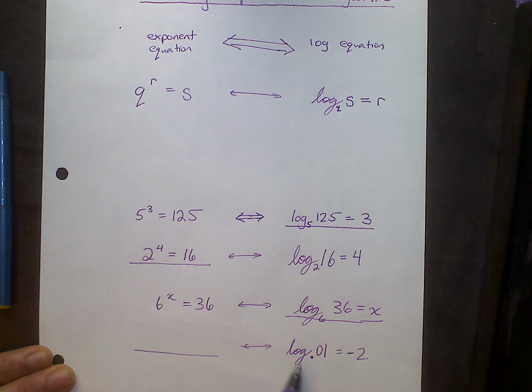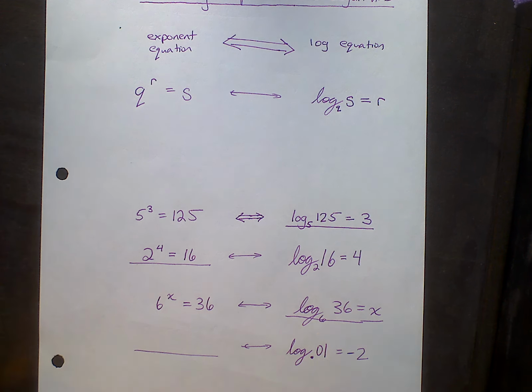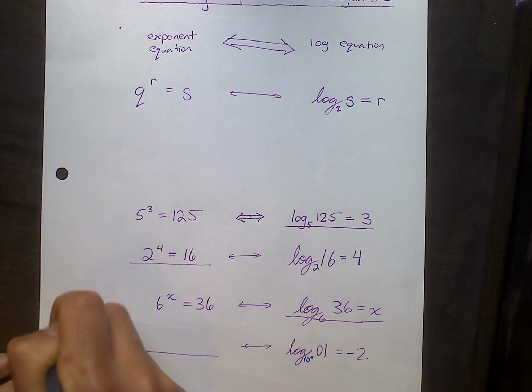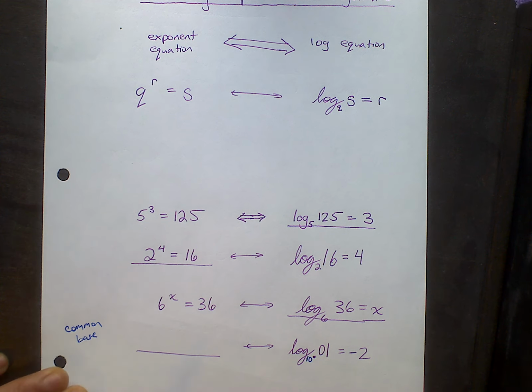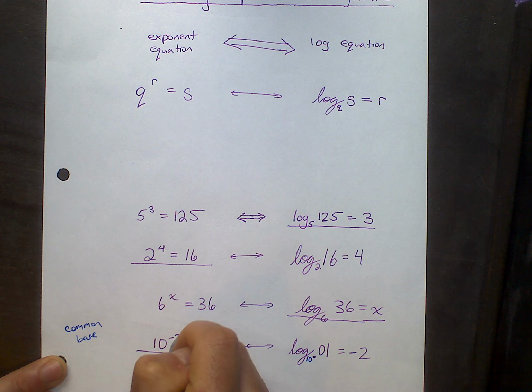Okay, my last example, notice it's a little bit different because it's missing a number. There's no little number written right there, the base. So I just want to tell you that if there's no number there, the number is 10 because that is called the common base. That's important because your calculator only handles the common base and the natural base. So you don't actually type in those little numbers there. That will be a future lesson. 10, the common base, raised to the negative 2.